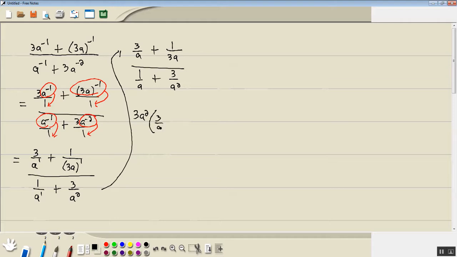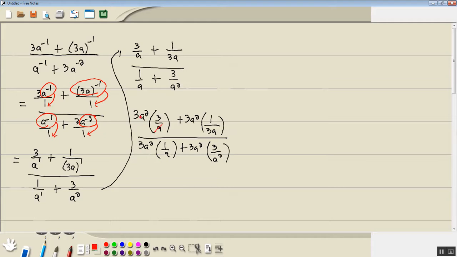And we'll multiply that times 3 over a. We'll multiply that times 1 over 3a. We'll multiply that times 1 over a. And we'll multiply that times 3 over a squared.